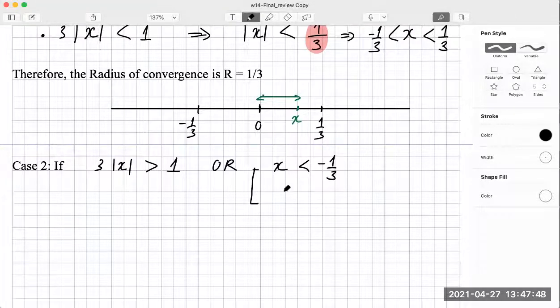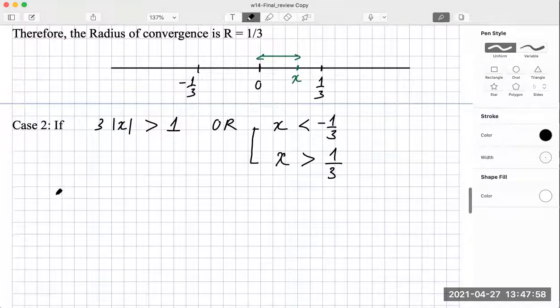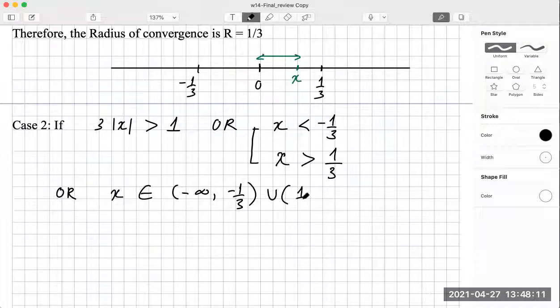Or the other case when x is larger than 1/3. Okay? Or we can write it in set notation: x between -infinity to -1/3 union with 1/3 and infinity.